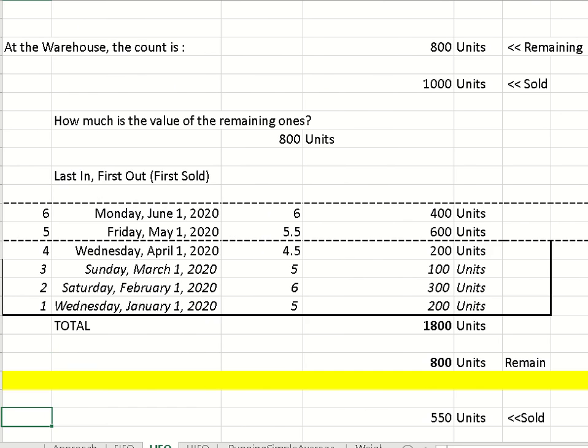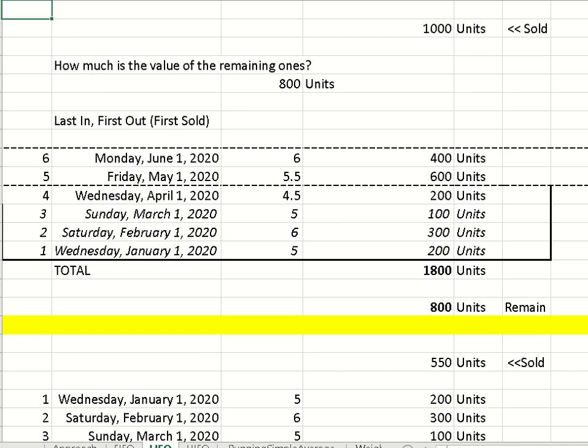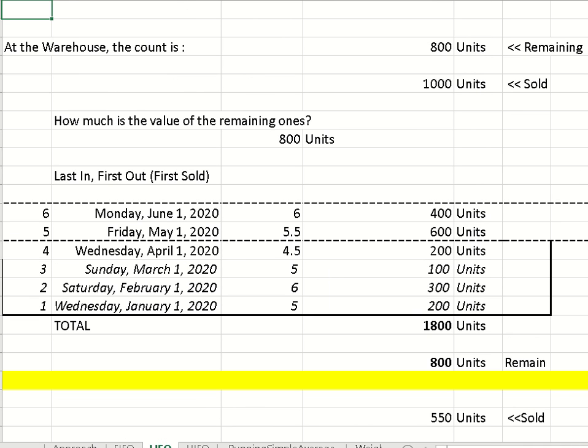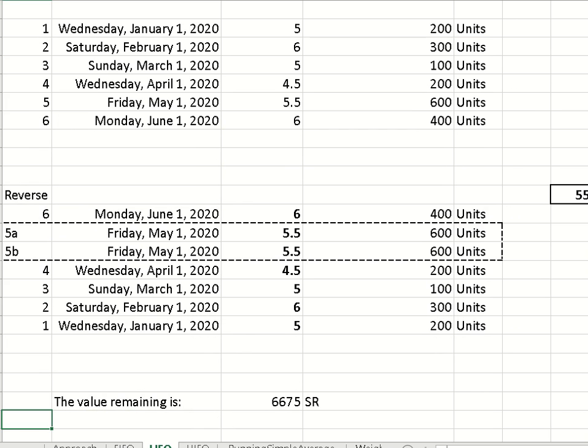If we go down, another approach to this, suppose instead of 600, we sold 550 units. So again, it's January, February. If we are going to use LIFO, we have to reverse it. We reverse. Here we split this item, PO number 5.